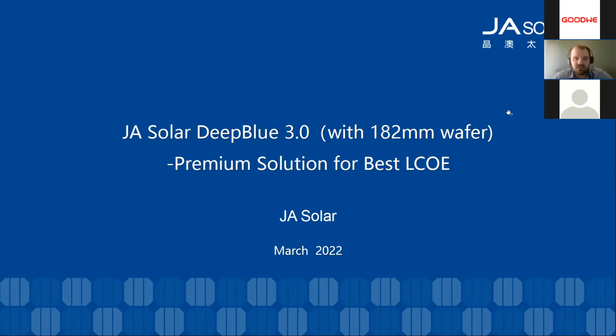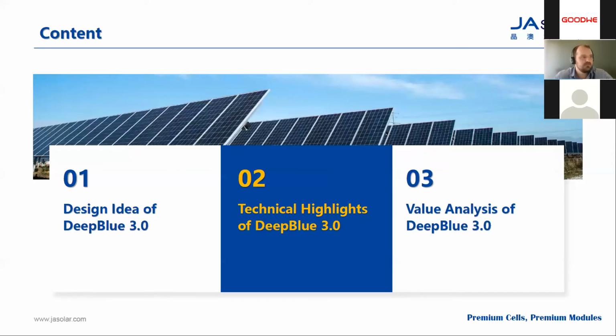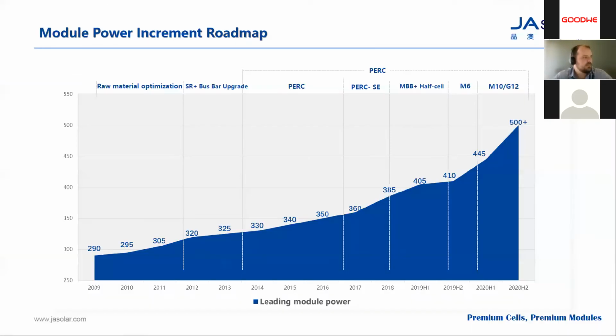So today I'm just going to be discussing our DeepBlue 3 module line with regards to the C&I space, just to give an overview of the best levelized cost of electricity in terms of the 182 millimeter wafer. Over the years, as PV module power has increased, we've seen a link to the larger module cells being implemented with mainstream C&I.